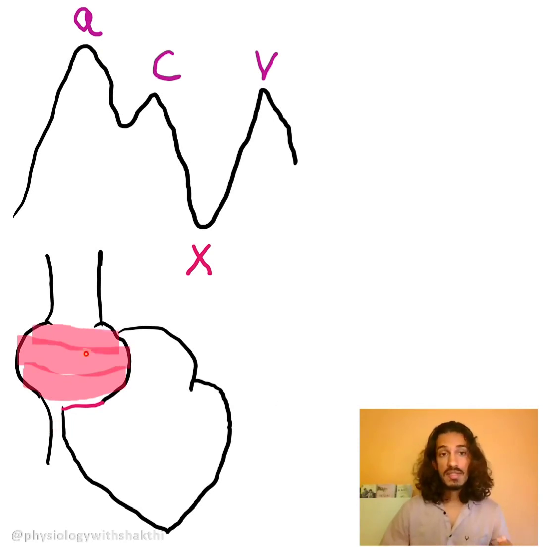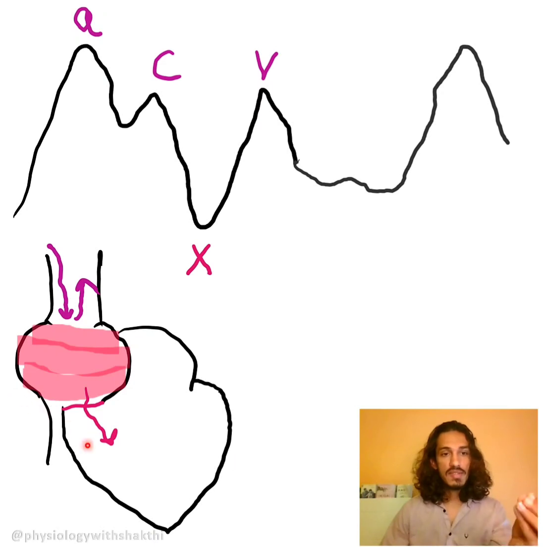When this is filling up, the return that is coming from here results in a positive deflection over here. And when this has filled up enough, it is going to open up this valve, because this pressure will be much greater and it's going to flow down.